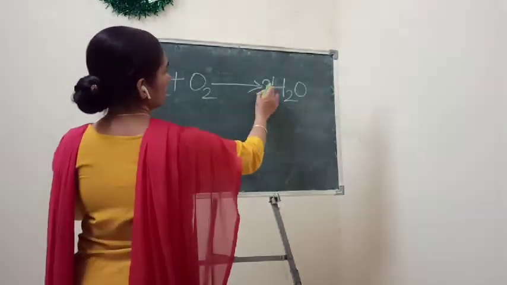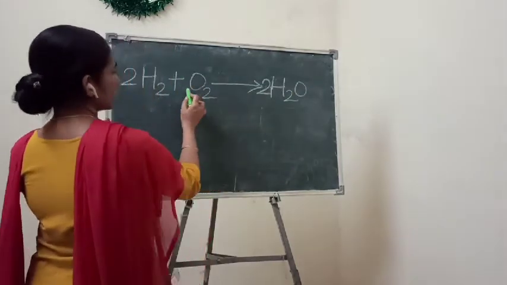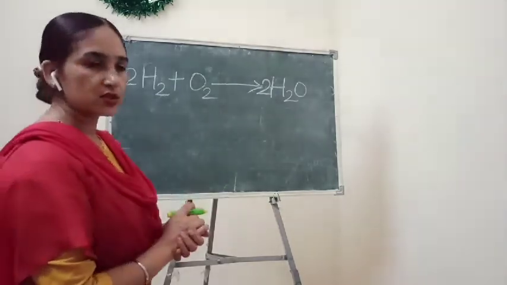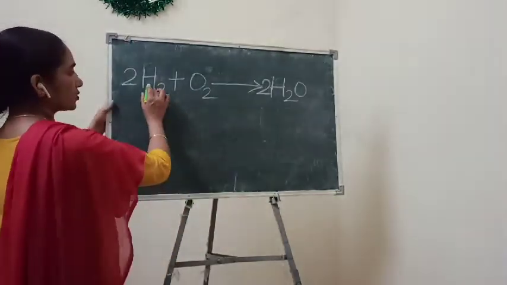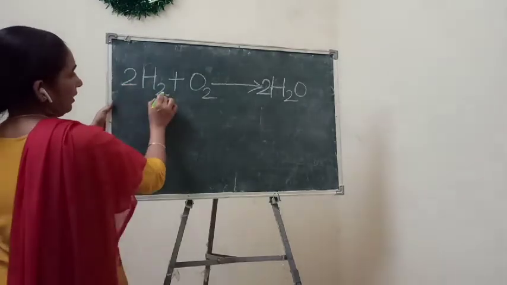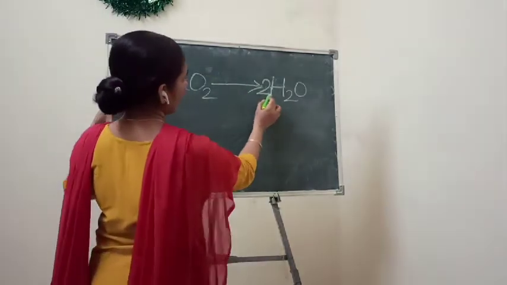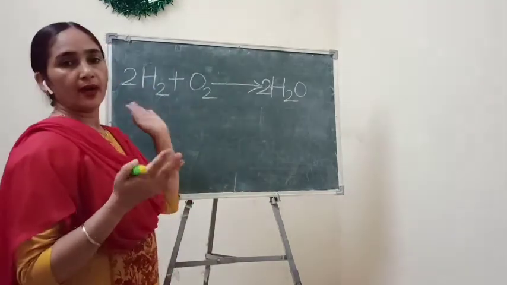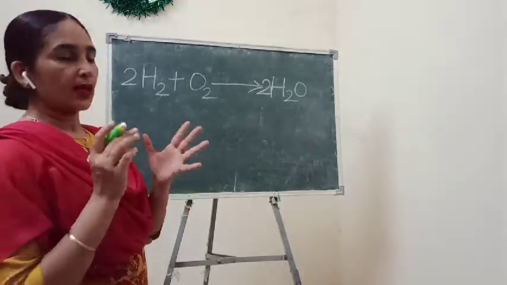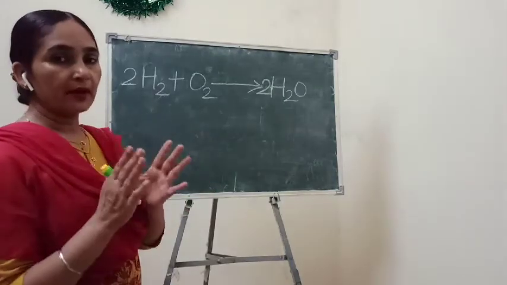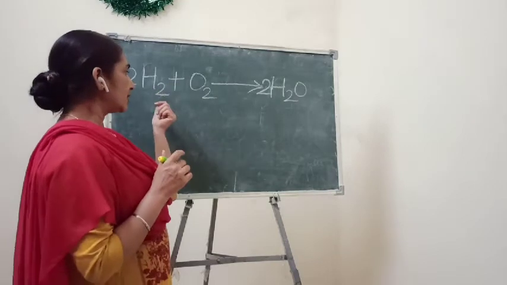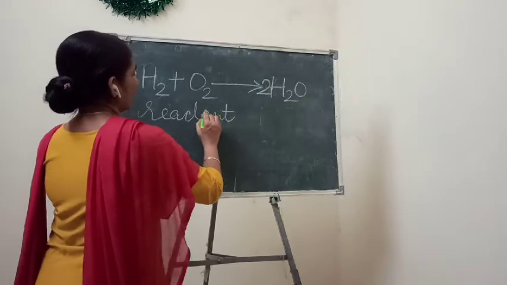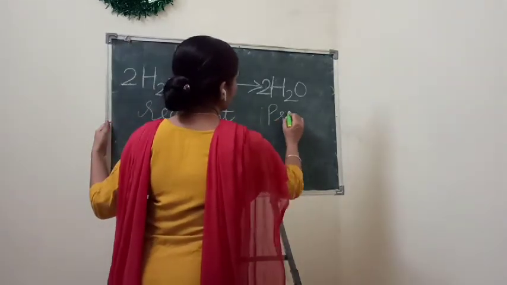So in the products oxygen are 2 and in the reactants oxygen are 2. And hydrogen, here 2 2s are 4 and here also 2 2s are 4. So hydrogen as well as oxygen, their number is the same on the reactant side and on the product side also.